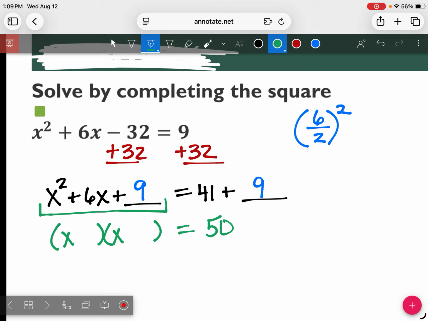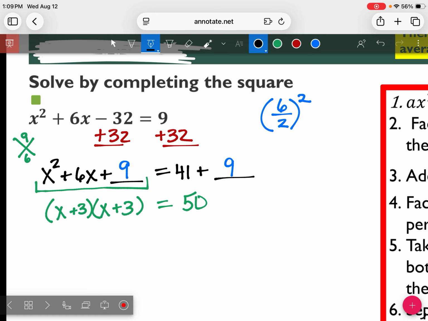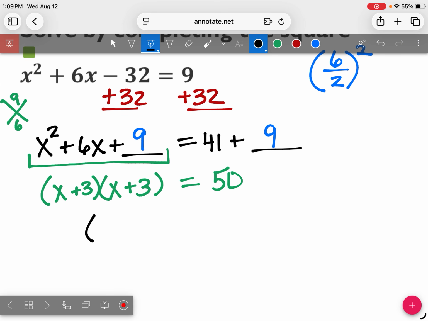Multiply to 9, add to 6. Anybody over here know? Multiplies to be 9, adds to 6. So it is 3. So that factors down to x plus 3 times x plus 3. But that's not how we're going to write it. We're going to write it as x plus 3 squared.